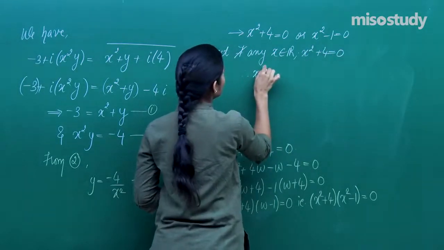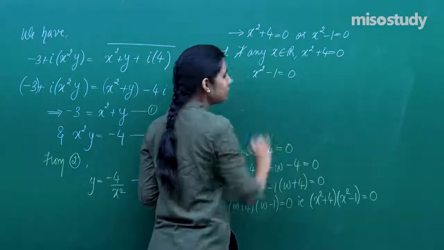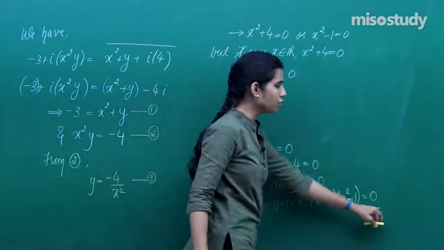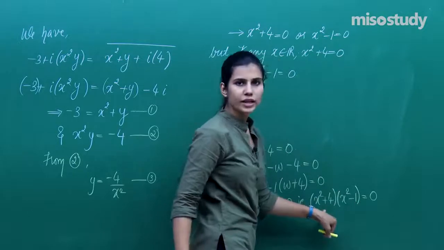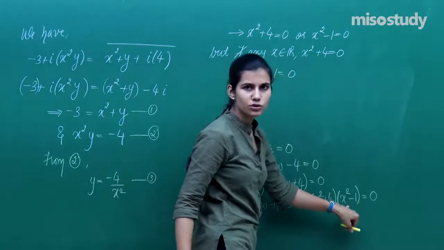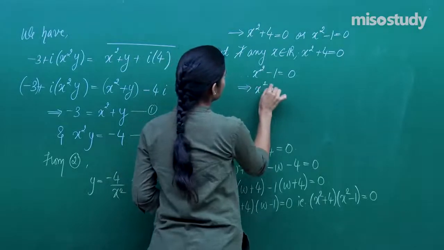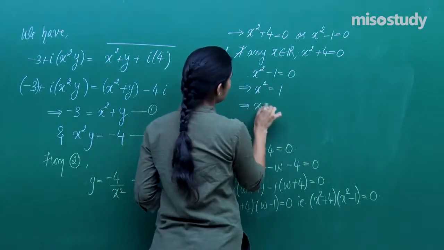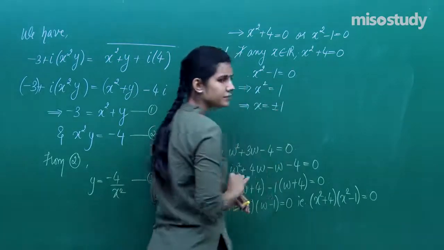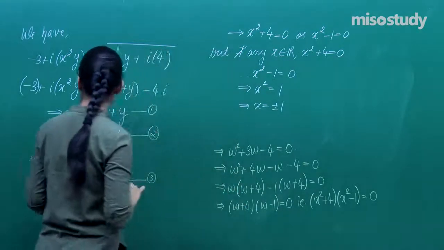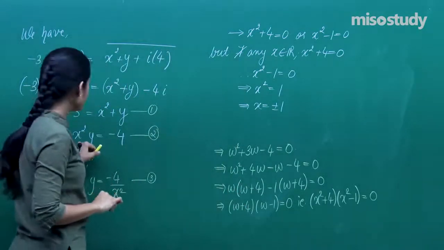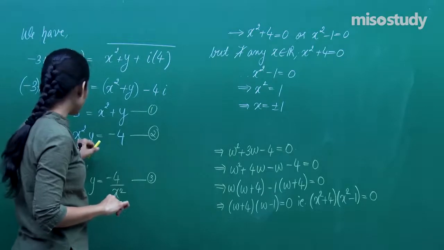Therefore, x square minus 1 only can be 0 to make this equation equal to 0. This cannot be 0 for any real x. That means only this has to be 0 so that the product comes out to be 0. That means x square is 1, which means x equals plus minus 1. If x is plus minus 1, y is what?